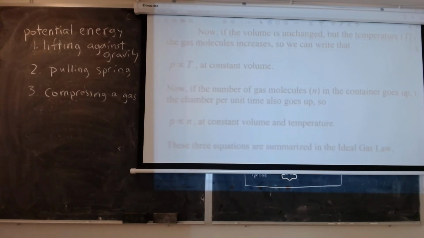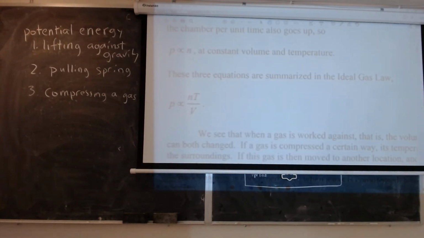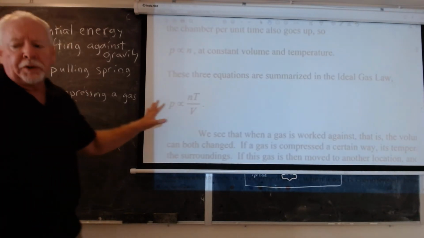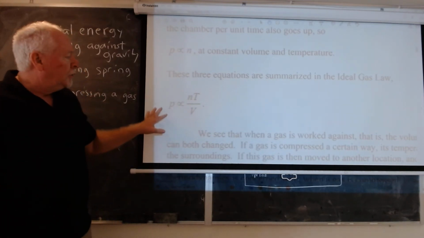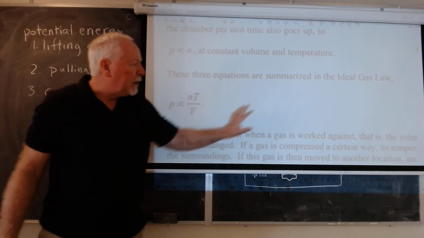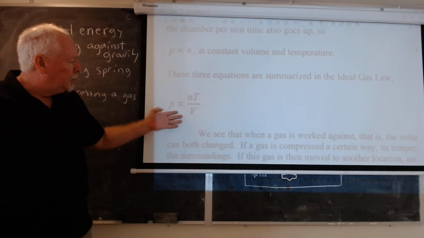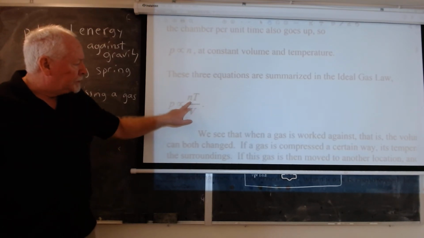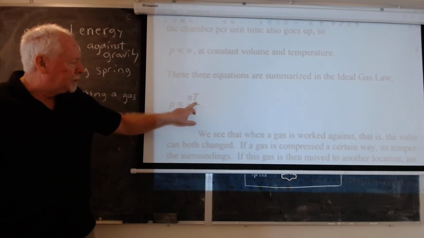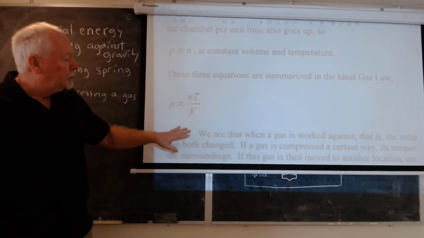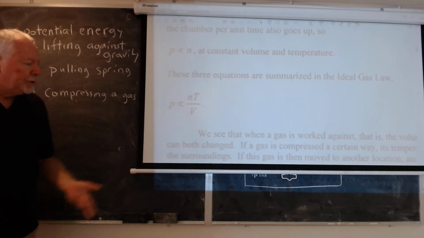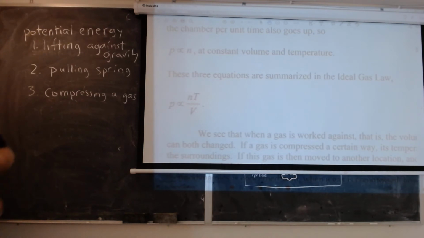That leads to what should hopefully be a review for most people here, which is called the ideal gas law, which is that pressure goes as the number of gas molecules times the temperature in Kelvin, of course, divided by the volume. And we'll be using that later. Here, I just want to say that it's another example of a form of potential energy.